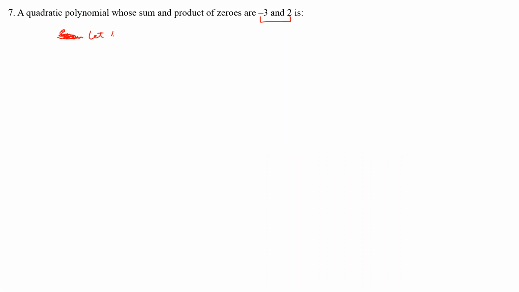Let the quadratic polynomial have two zeros, alpha and beta.